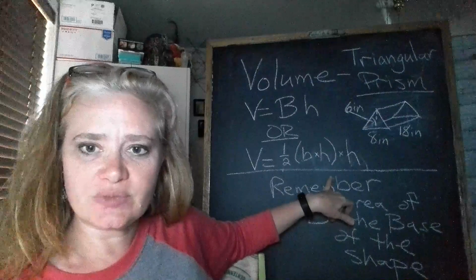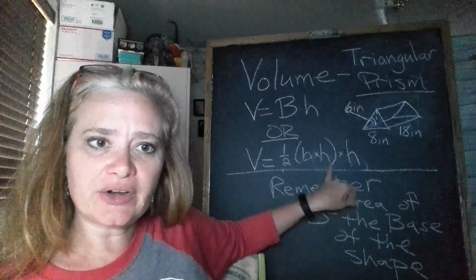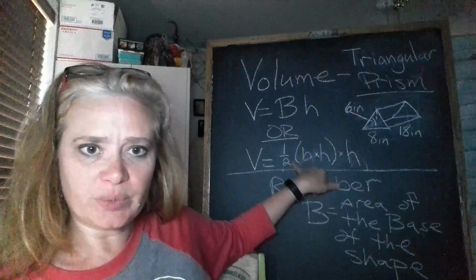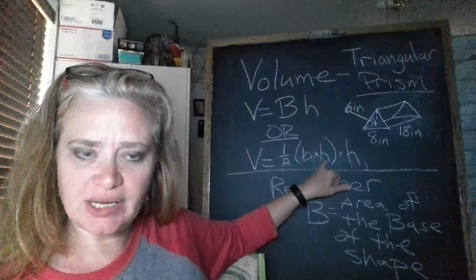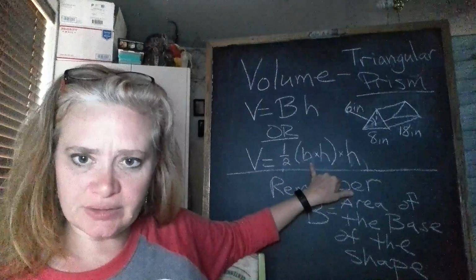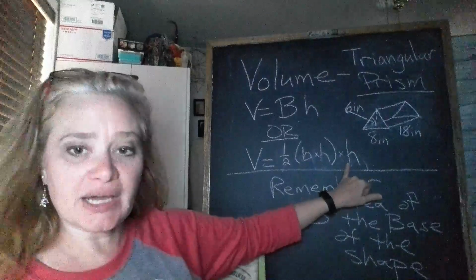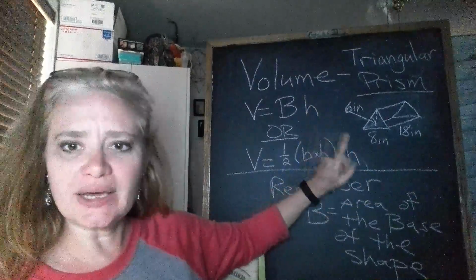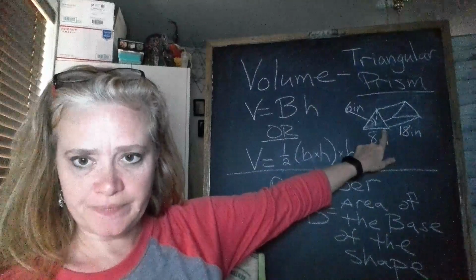Or in this case, because we're dealing with triangles, finding the area of a triangle, we talked about, is 1/2 times base times height. Then once you find the area of the triangle, you're going to multiply that whole thing times the height of the shape. Now, a lot of times you're going to see the triangular prism drawn this way.